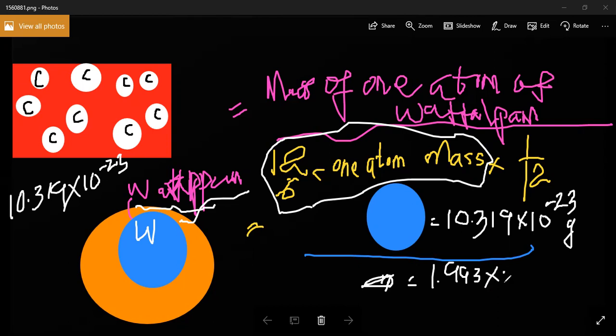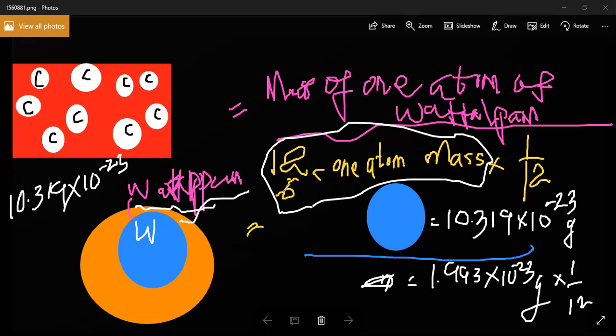1.993 into 10 to the power minus 23 gram into 1 by 12. Now if you found this ratio, you can cut that gram and gram.